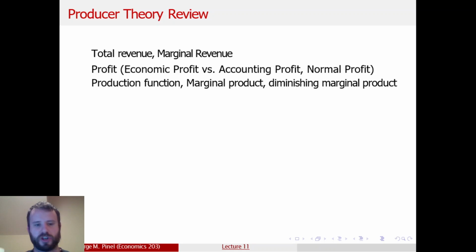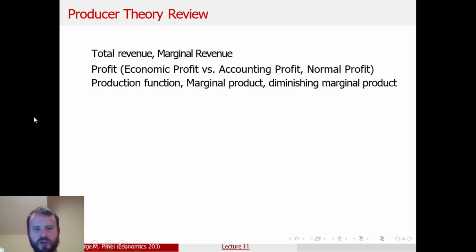So if I work 2 hours with 13 bags of dough, I produce 30 loaves of bread. That is a point on the production function. Okay, and depending on how you change your inputs, you're going to get different outputs. That's why it's a function.